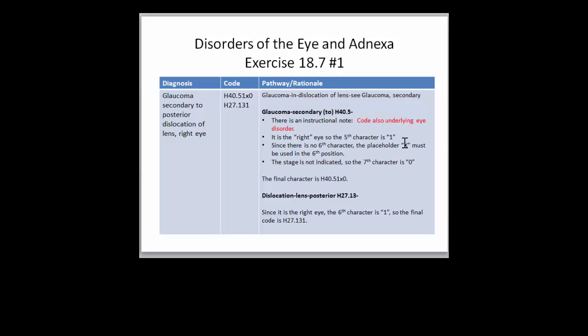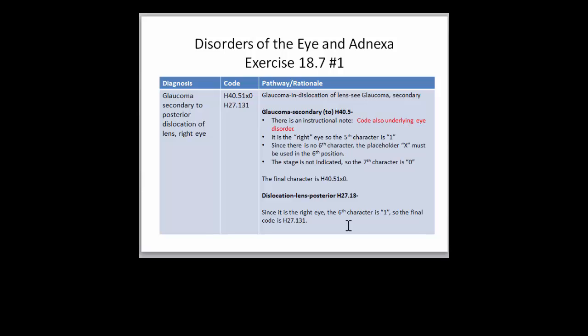Since there is no 6th character, the placeholder X must be used in the 6th position. The stage is not indicated in this documentation, so the 7th character is 0. And that gives us a final character of H40.51X0. Then you look up the underlying eye disorder we talked about here. Dislocation, lens posterior, H27.13-.